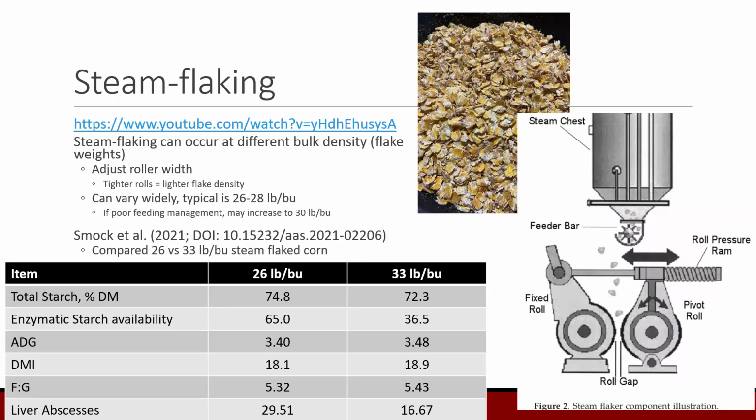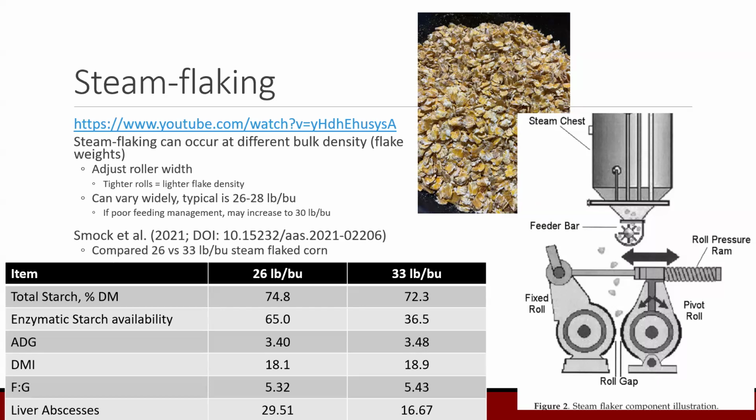This study, SMOC 2021, compared a 26 to 33 pound flake weight. The differences in processing didn't really impact the total amount of starch in the grain. Wouldn't expect it to. But the enzymatic availability of that starch almost doubled.